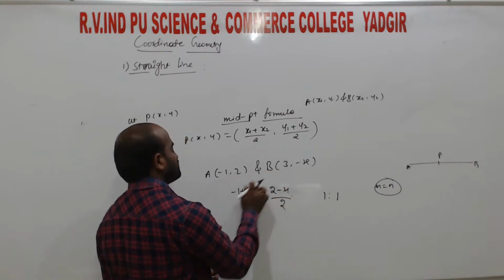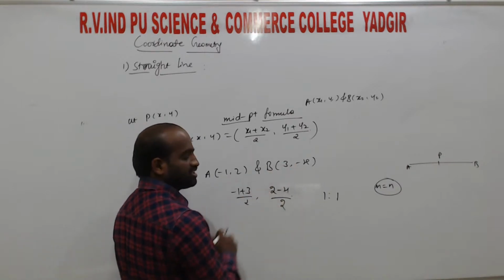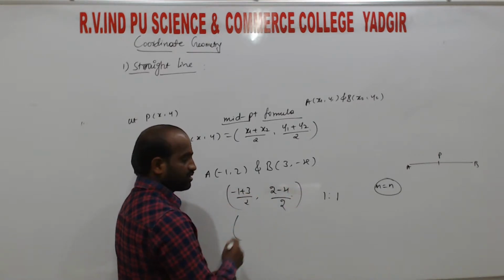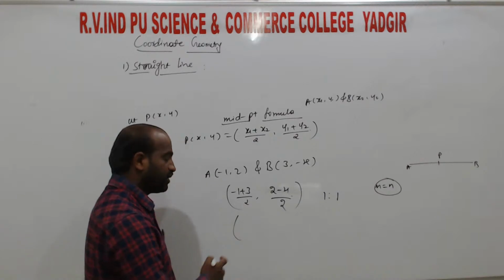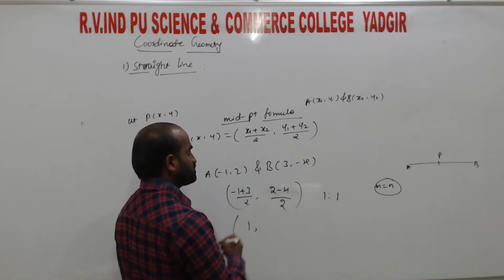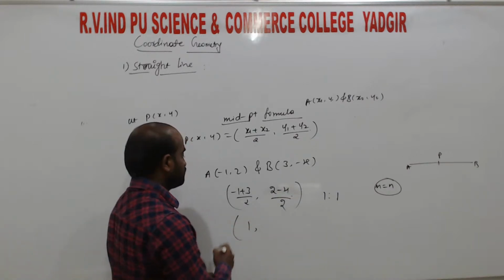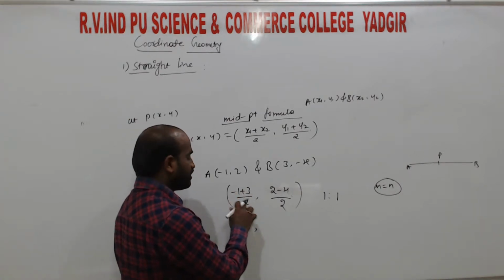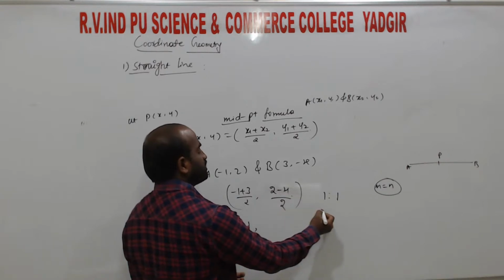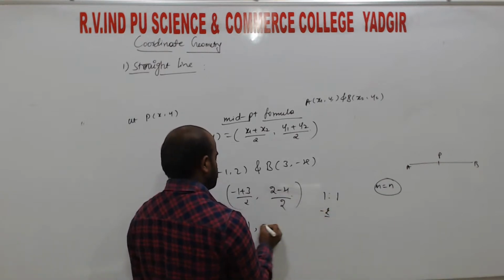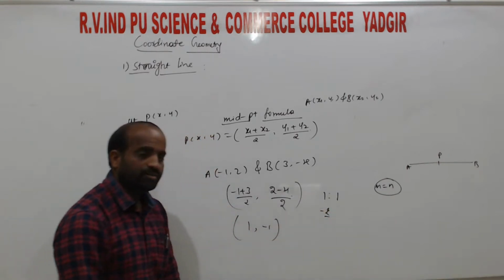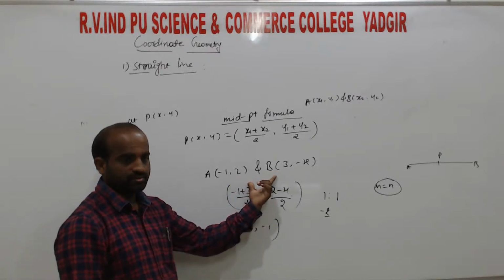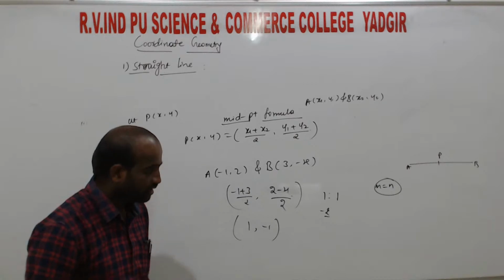Minus 1 plus 3 is 2, 2 by 2 is 1. 2 minus 4 is minus 2, divided by 2 is minus 1. So this is the midpoint of the line joining these two points.